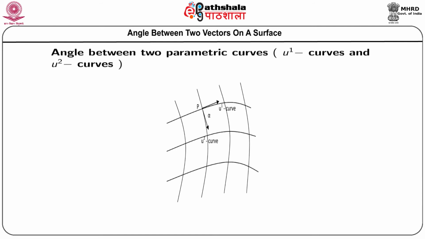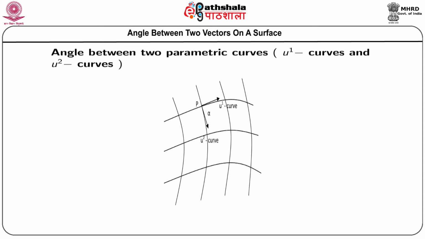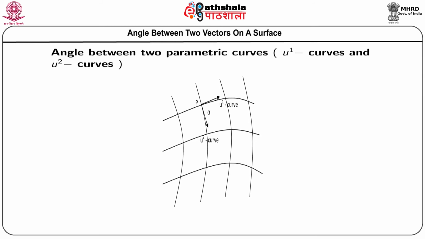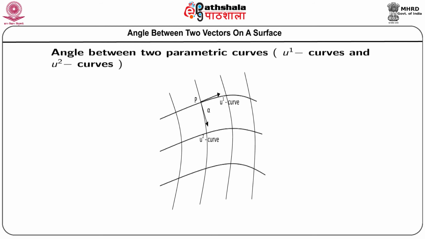That means the curvilinear coordinate system consists of two types of curves, u1 curves and u2 curves. So, we are going to find the angle between two parametric curves or coordinate curves, that is u1 curves and u2 curves.